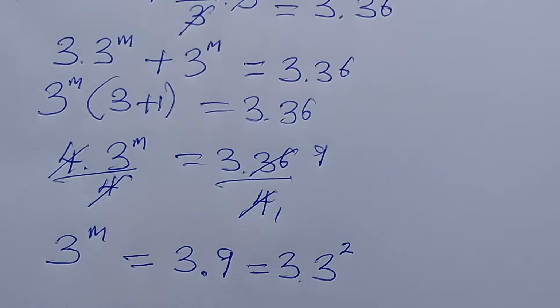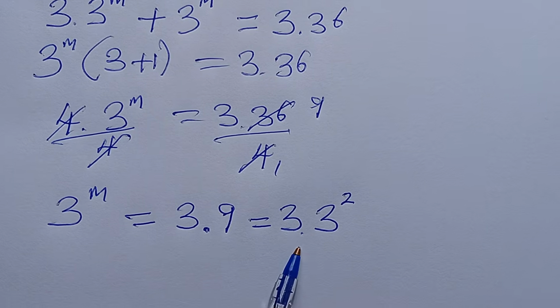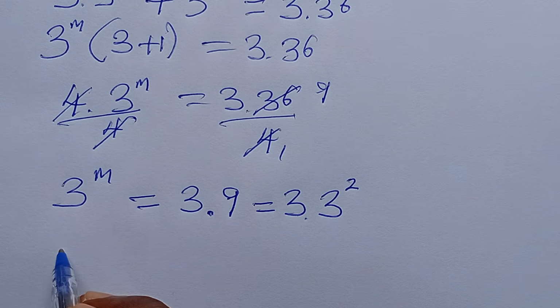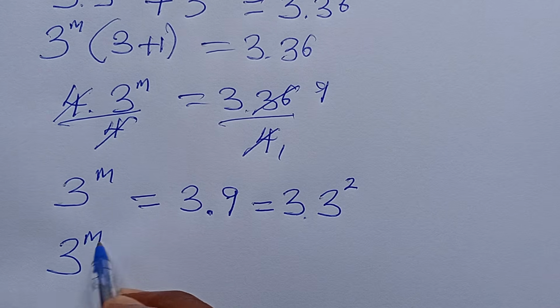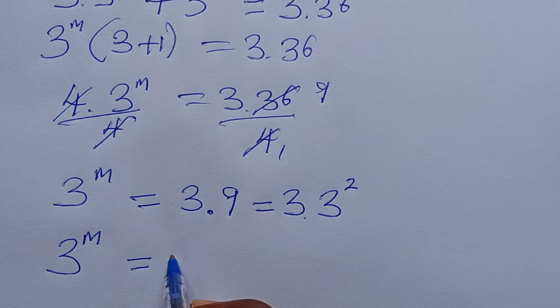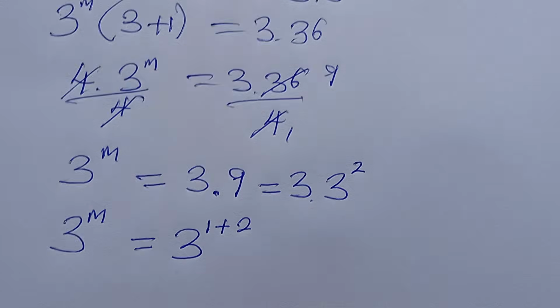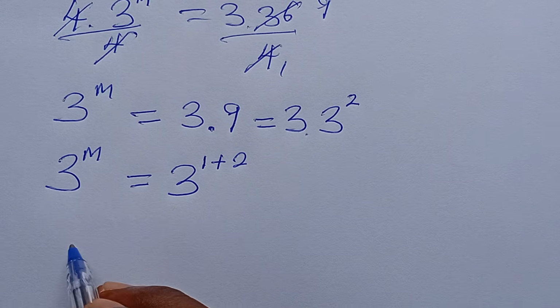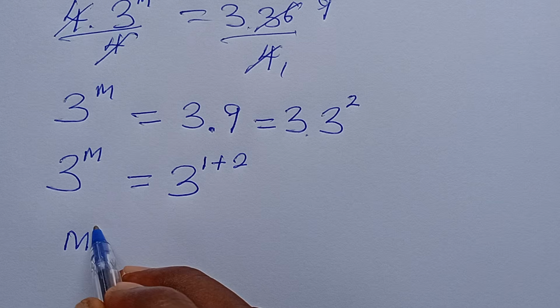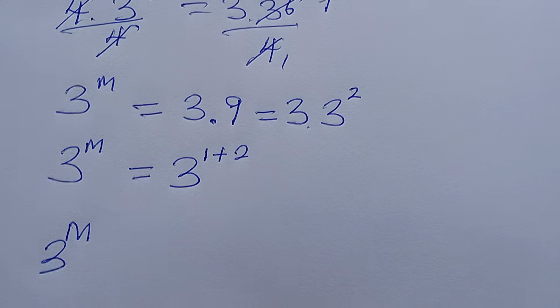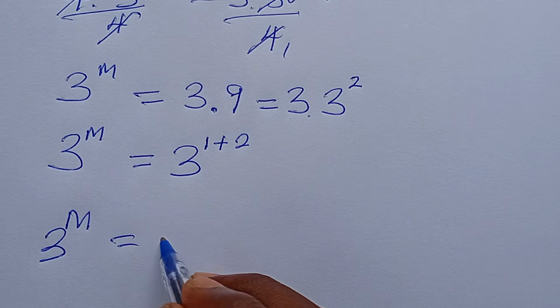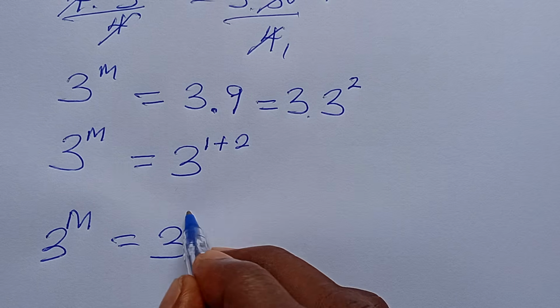So if we apply this law, then we can rewrite this part of the equation. And so this is going to give us 3 to the power of m equal to 3 to the power of 1 plus 2, which will automatically give us 3. So 3 to the power of m ends up equal to 3 to the power of 3.